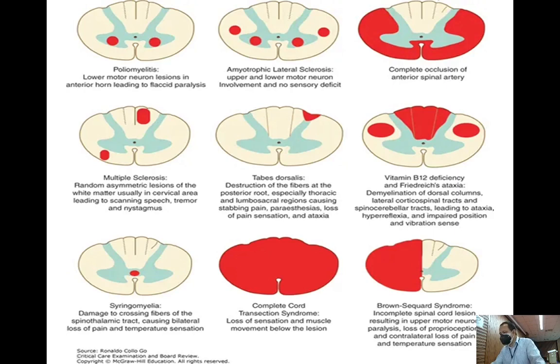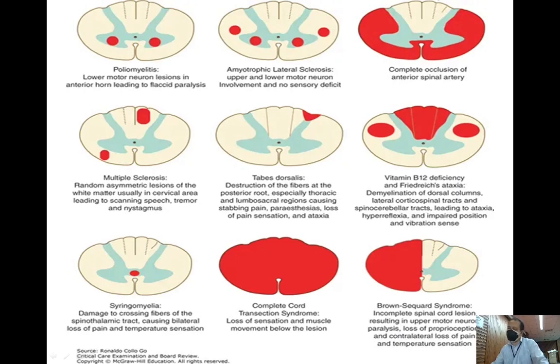So all the features that we see in this type of lesion of the spinal cord, all the dysfunctional features, are clubbed into what we call Brown-Séquard Syndrome. It's a kind of incomplete spinal cord lesion, resulting in upper motor neuron paralysis, loss of proprioception, and contralateral loss of pain and temperature sensation.